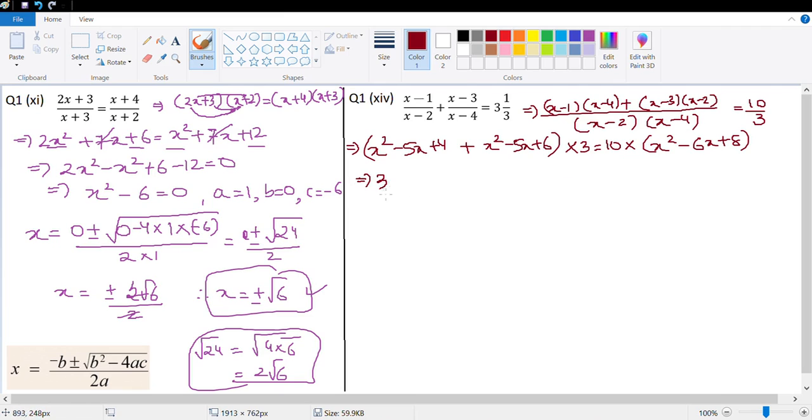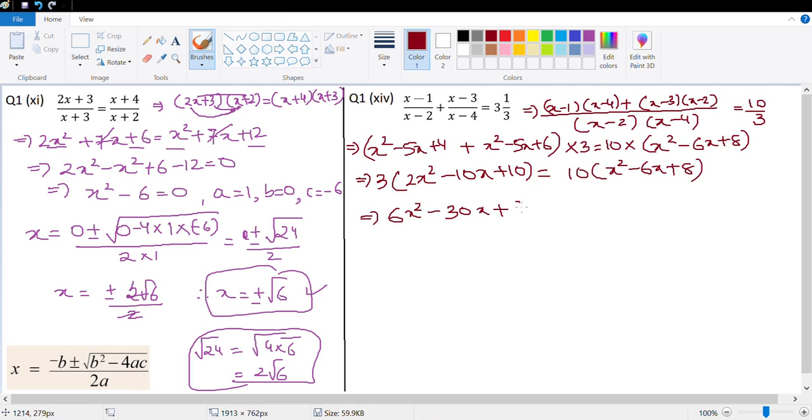So we have 3 multiplied with 2x square minus 10x plus 10 is equal to 10 multiplied with x square minus 6x plus 8. Let's open bracket. 6x square minus 30x plus 30 is equal to 10x square minus 60x plus 80.